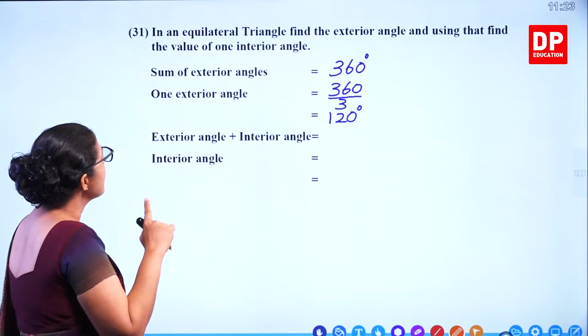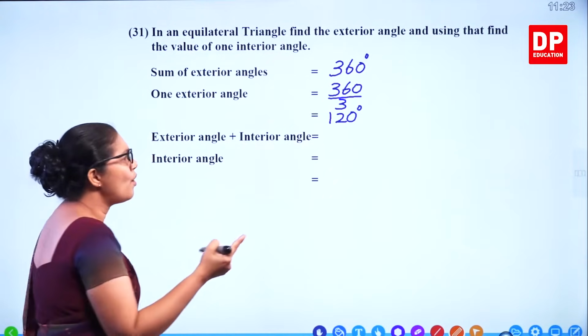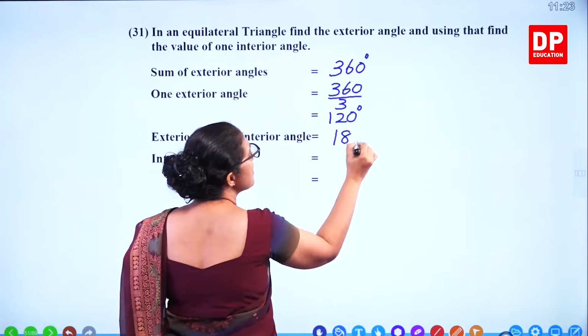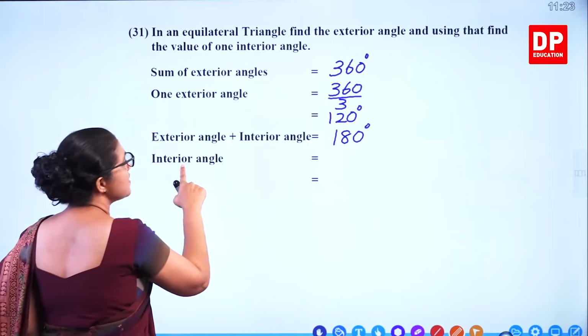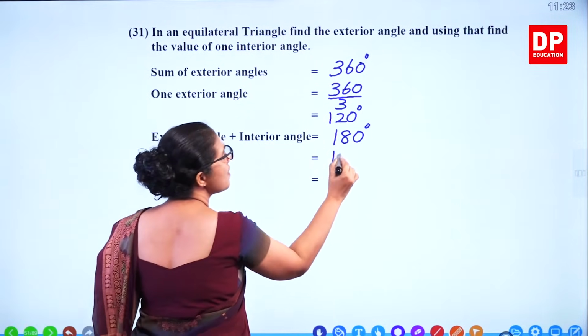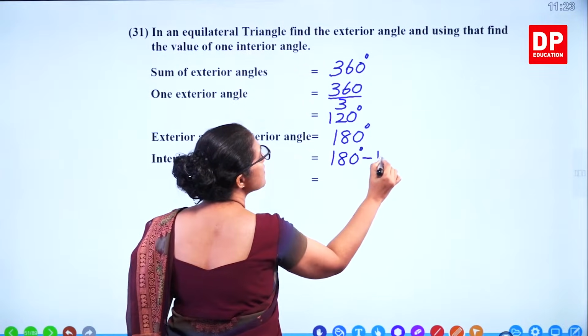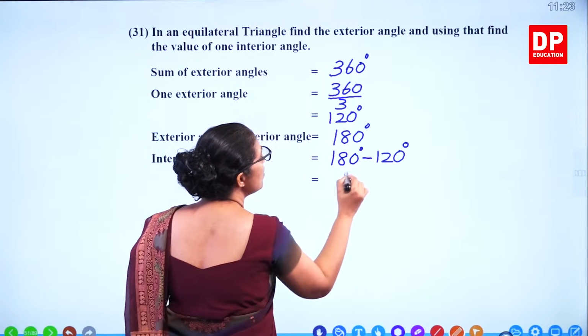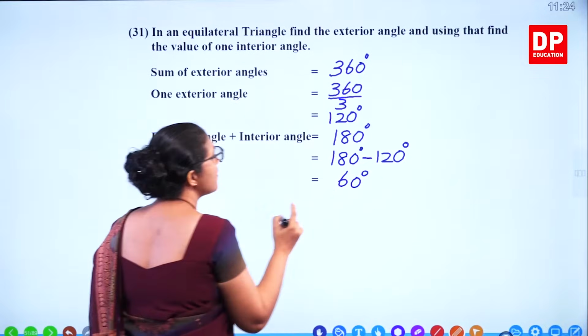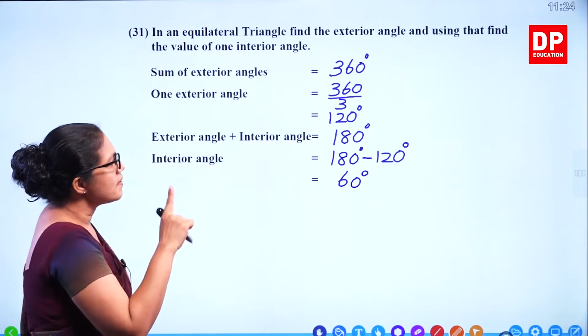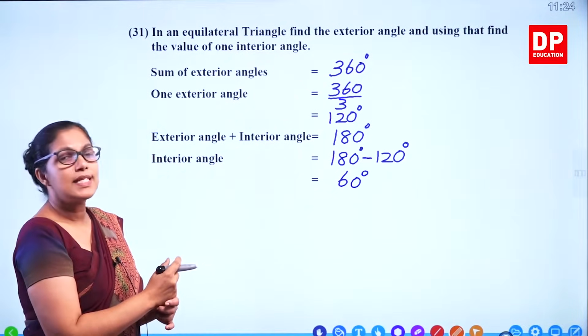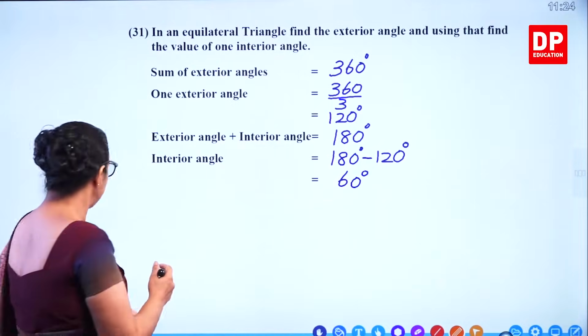Then exterior plus interior we know, that's 180. That's a straight angle. So what is the interior angle? So we can subtract 180 minus 120. You get 60 degrees. So using this method, you can find out interior angles.